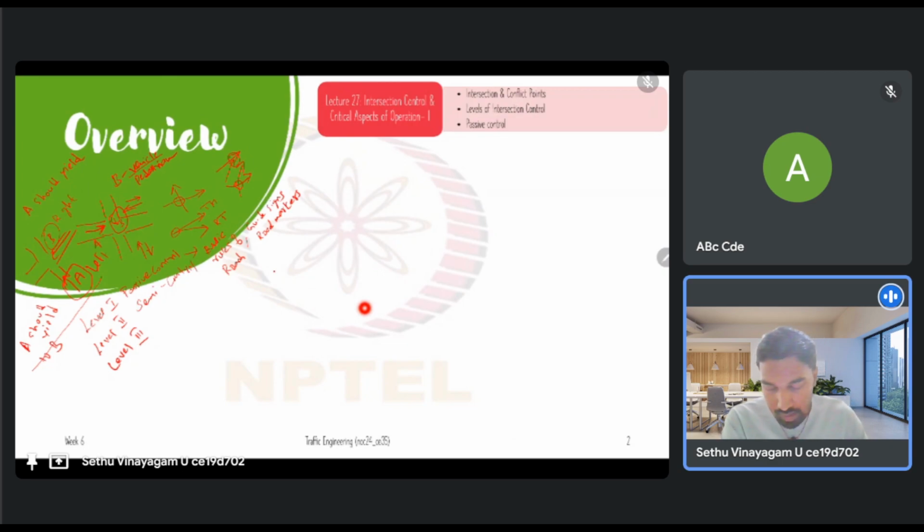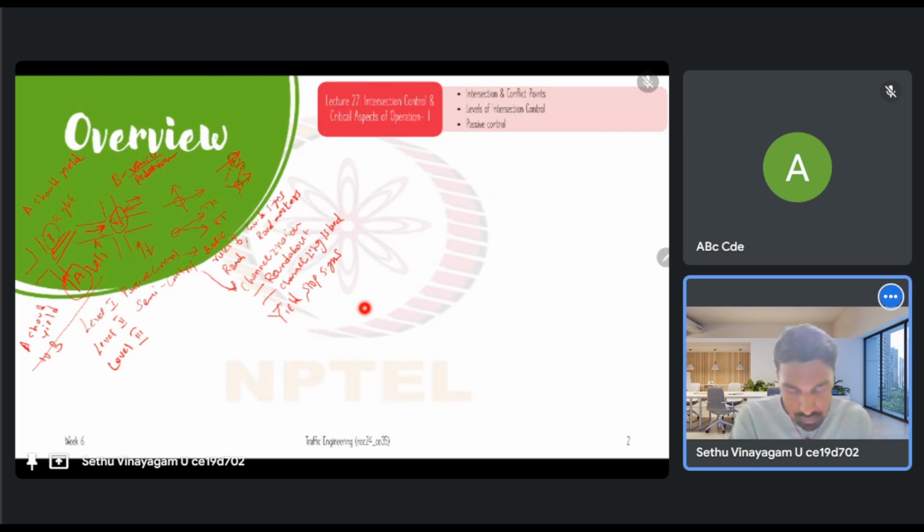What we have in semi control is channelization, which means we'll have roundabouts or channelizing islands, or we can have signs like the yield sign and stop sign. These things come under semi control.